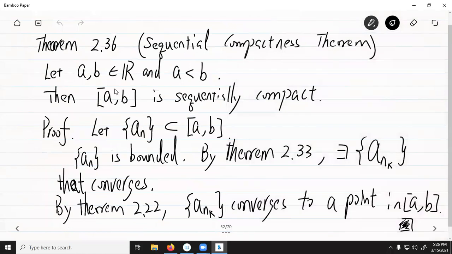So for every sequence in this closed interval, you can find a convergent subsequence, and the limit of that convergent subsequence will be inside this interval [a, b].